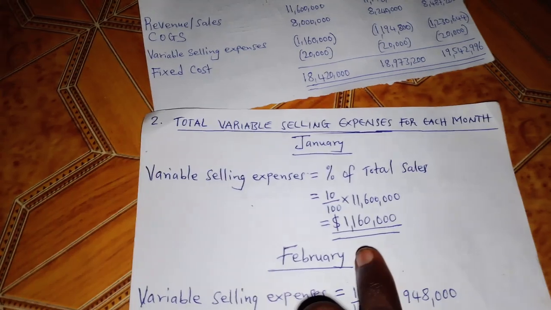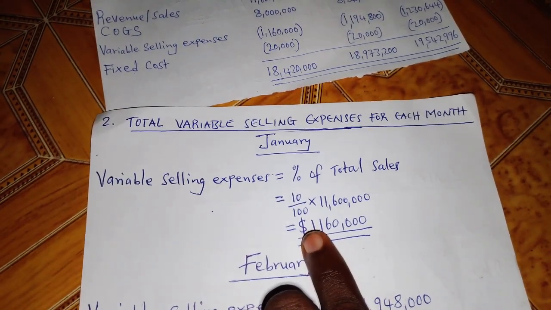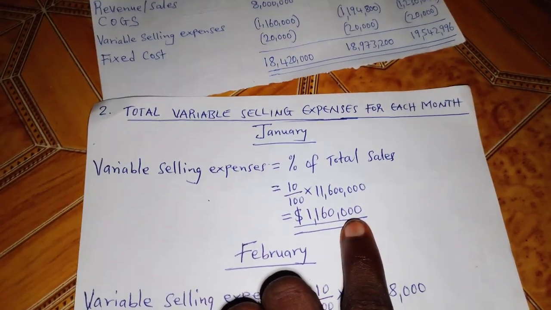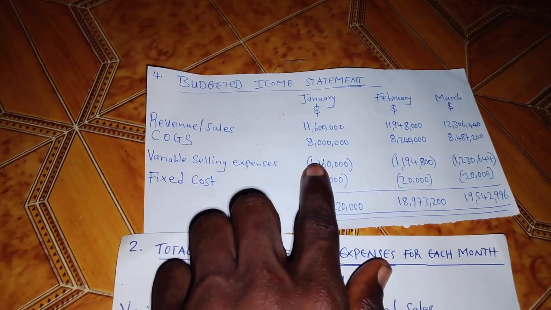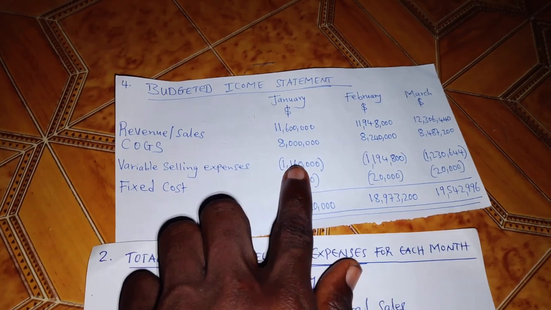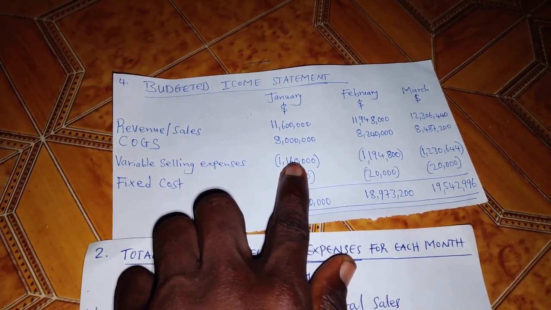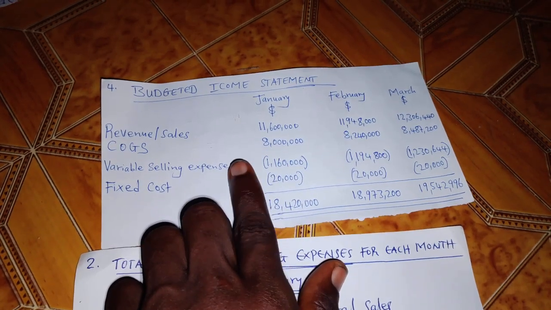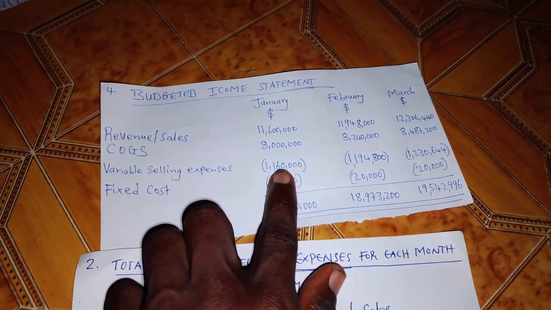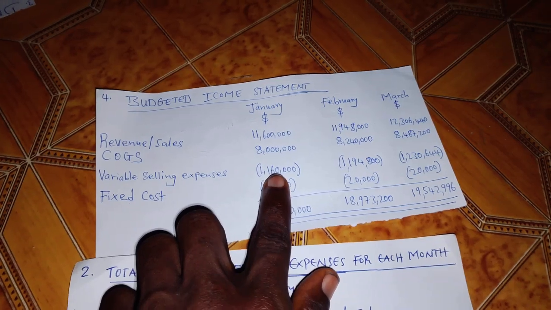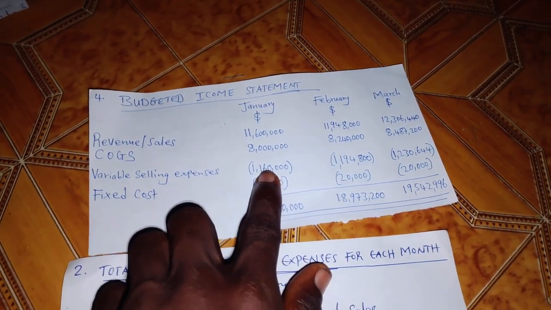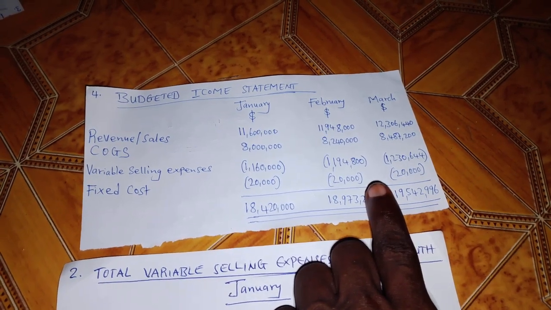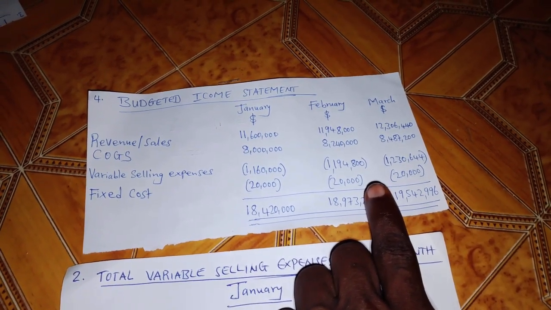As we can see, $1,160,000 is what is indicated here, but in the form of deduction or subtraction. We have to subtract it. That is why it's in the form of brackets. All the variable selling expenses are expenses, so we have to deduct them from the sales and the COGS.